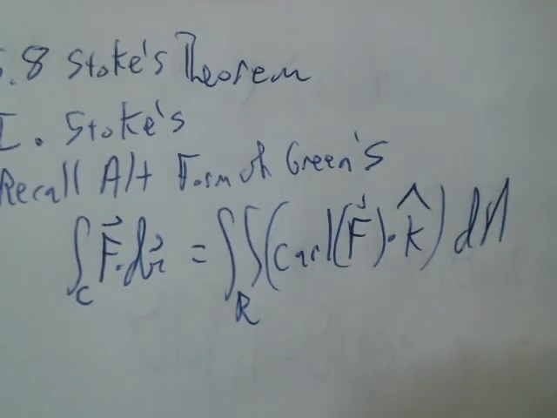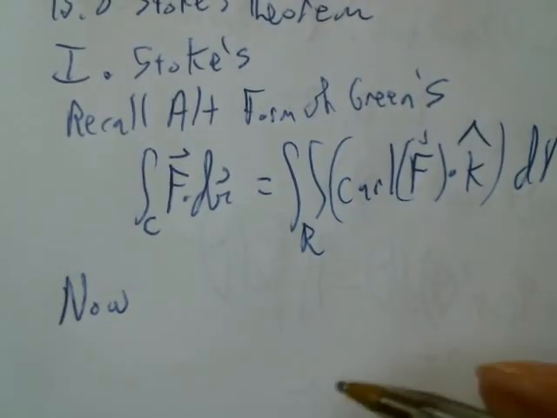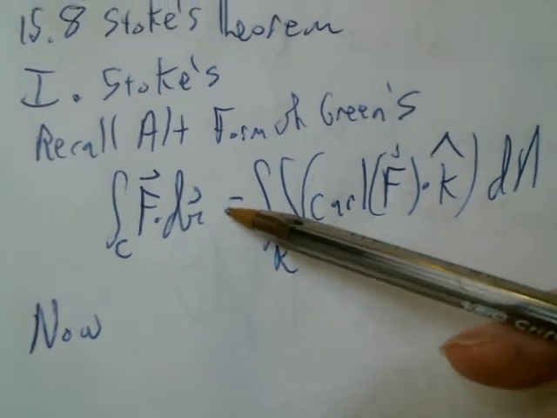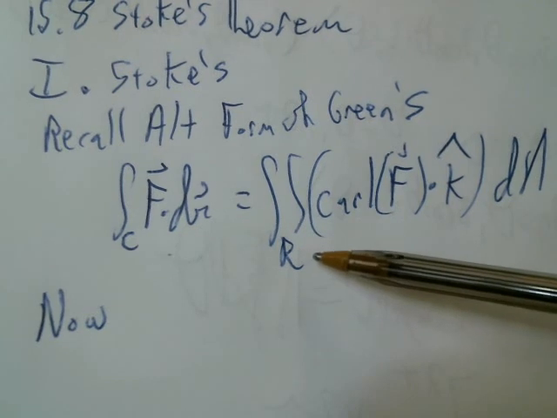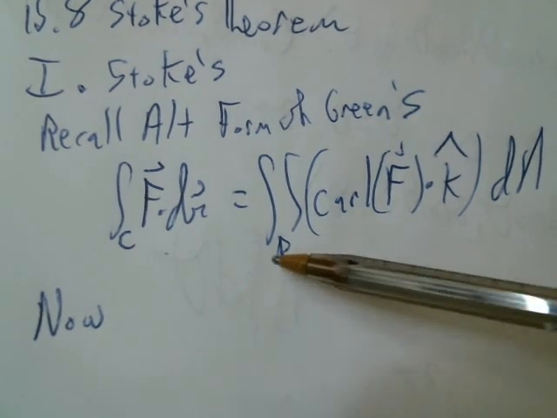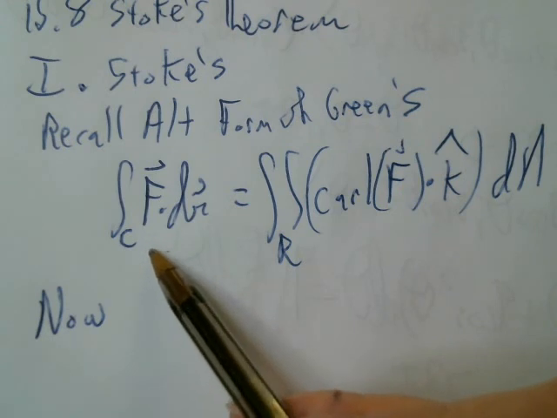Okay. Now, in this version, we're going to think of this in space. You probably don't recall, but if you do, this curve was in the plane, and this region was also in the plane. And now we're going to think of this curve as being the boundary of some surface.